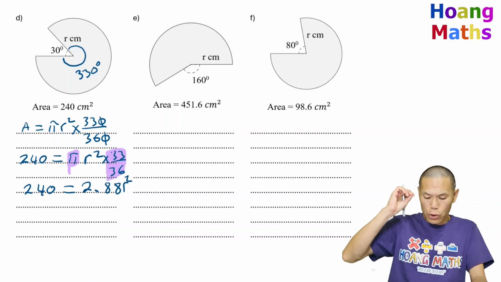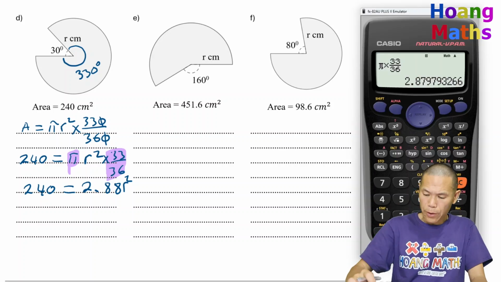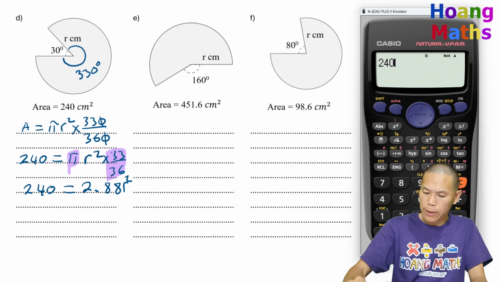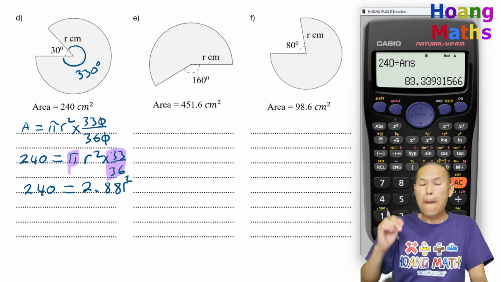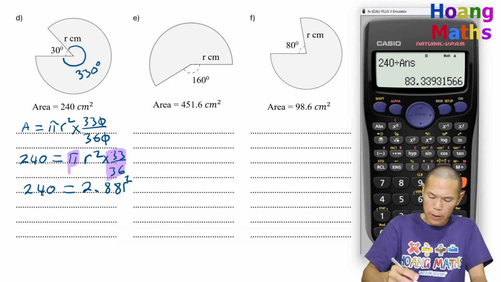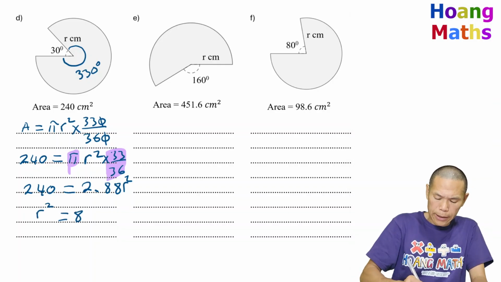And I divided by 2.88 on both sides. So that is 240, we divide by the answer. 83.34 for now. So r squared equal 83.34. So r is square root of this.